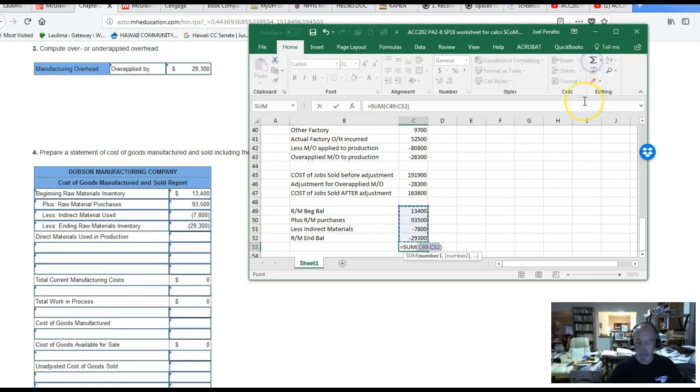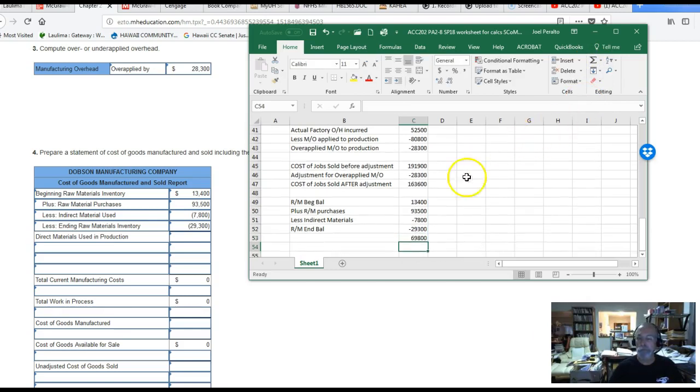And so if we get that total 69.8, this is as shown here on the statement, direct materials used in production, $69.8.